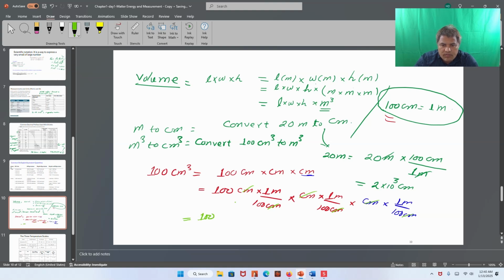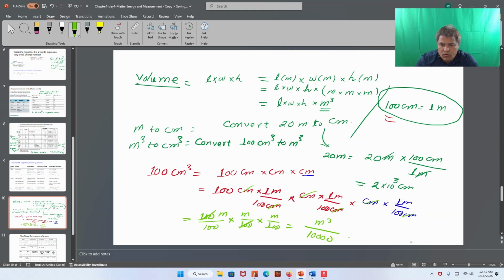Now 100 times 1 is 100 meter divided by 100, times another meter divided by 100, times another meter divided by 100. The 100 cancels 100, so we have meter cube divided by 100 times 100 times 100.